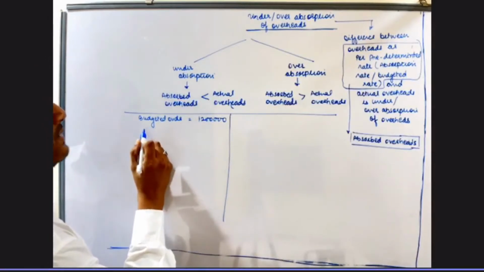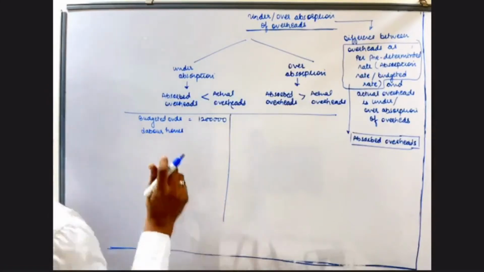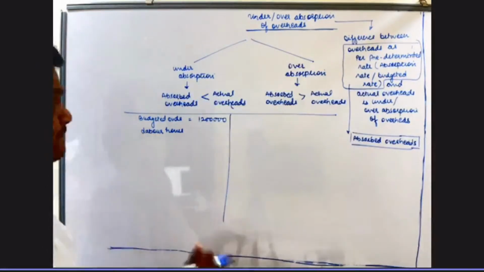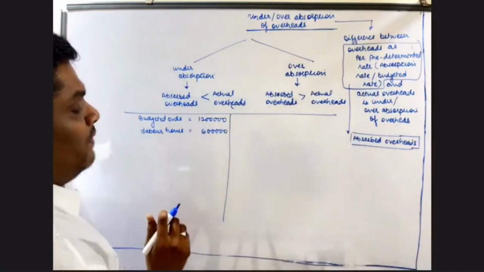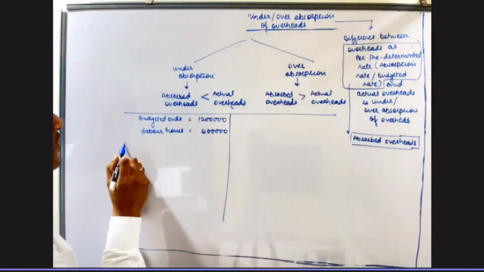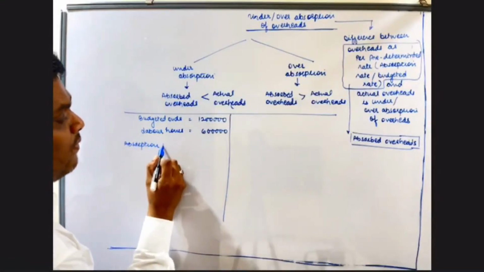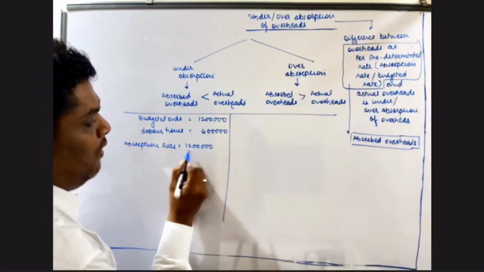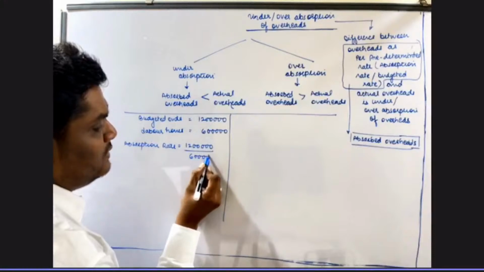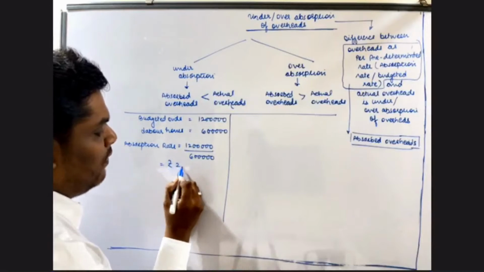Let's say labor hours, sorry, 6 lakh hours. So we can easily calculate the absorption rate, that is 12 lakh divided by 6 lakh hours. So we'll be getting the rate rupees 2 per hour.